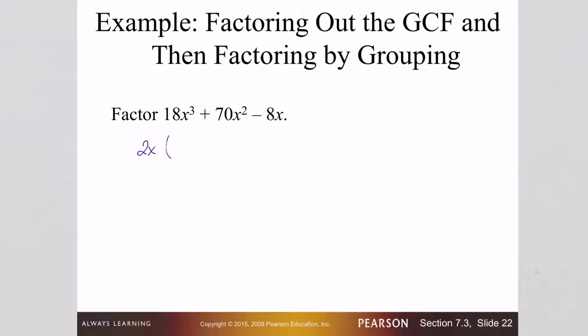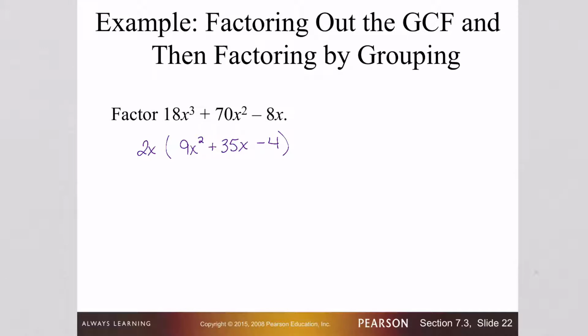So what times 2x would give me 18x cubed? 9x squared. What times 2x would give me 70x squared? 35x. What times 2x would give me a negative 8x? And that's a negative 4. So now I want to try to factor this.